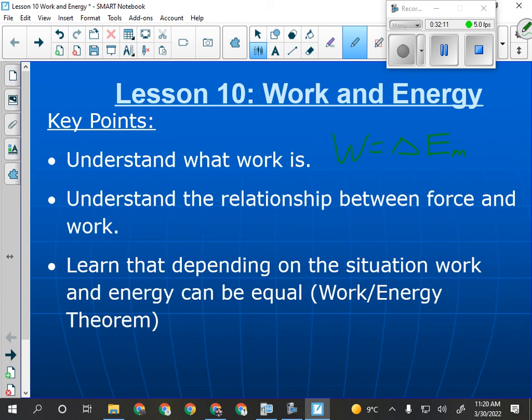So if I pick something up off the floor and put it on a desk, have I done work? Yes, because I've changed the mechanical energy of that object. I've taken it from the floor, where it was stationary and couldn't fall any further, and put it on a desk, where it's still stationary, but could fall. It now has gravitational potential energy, and the only reason it has it is because I gave it to it by doing work.